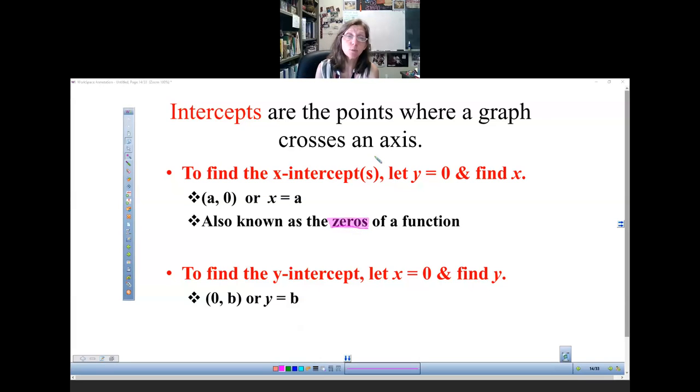A lot of times when we talk about functions, we talk about the zeros rather than the x-intercepts, and it's because we let the function or y be equal to 0 and we find x, and that's why they're called the zeros of a function. So the zeros of a function are the same thing as finding the x-intercepts, right? So just know that. And sometimes you're going to have a function that doesn't have y-intercepts, it doesn't have x-intercepts, and that's okay. That's fine. There's nothing wrong, okay? But like I said, this is really stuff we've already talked about. So kind of moving on through this.